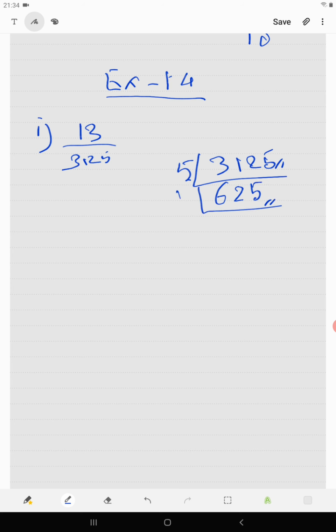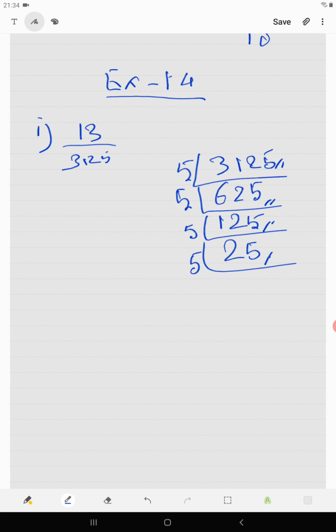Again 5 is there, so I can again go with 5. Again 5 is there, so I can divide by 5 again. Now again 5 is there, so I can go with 5.